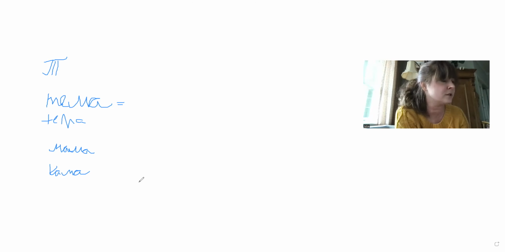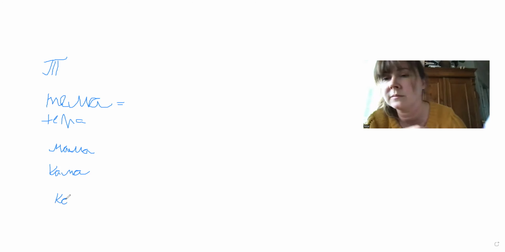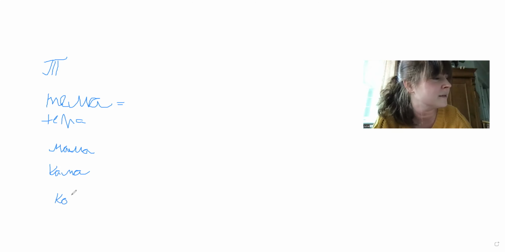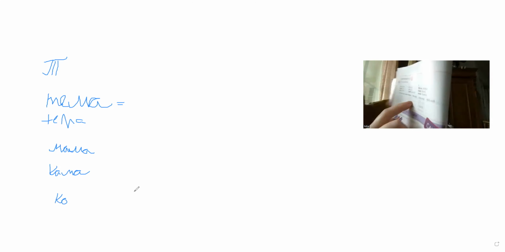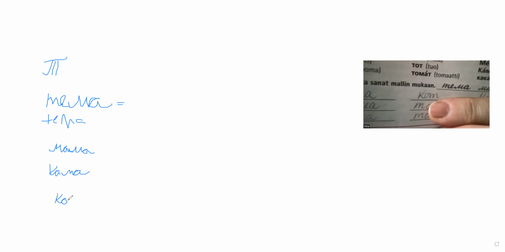Okay, then let's move on to the words where we have the letter with the K sound. So kot is a cat. K-O-T in English. Try to write that. And now remember that the T in handwriting looks like our M letter.